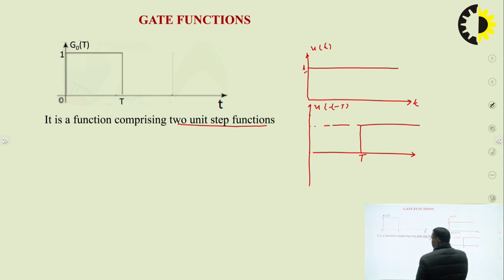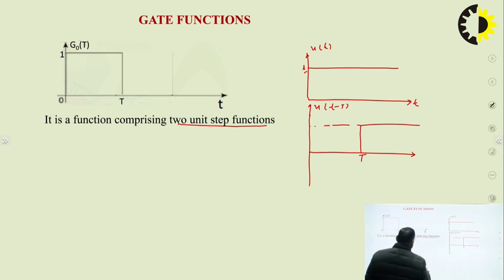We earlier studied the shifting operation on unit step. So if you take these two step functions, we can create gate function. So basically gate function is a combination of unit step functions.